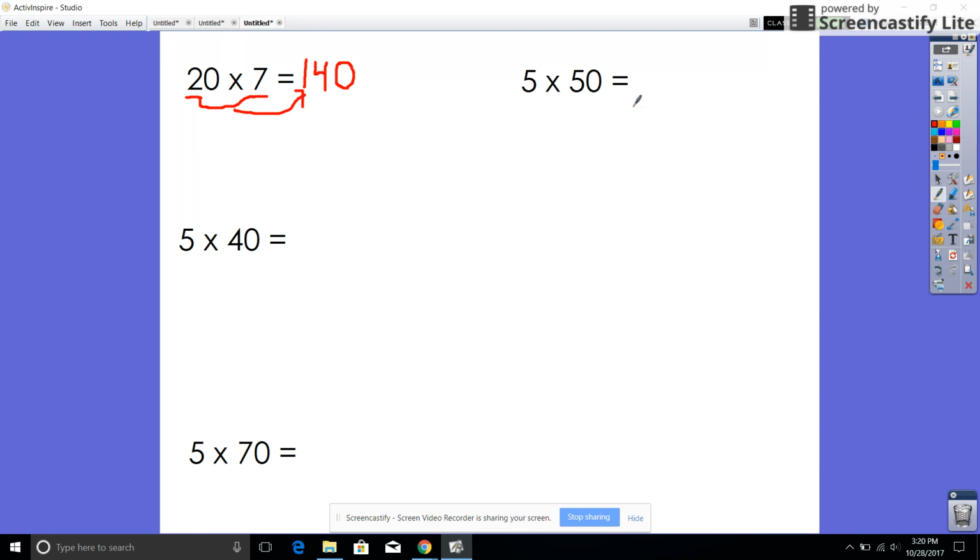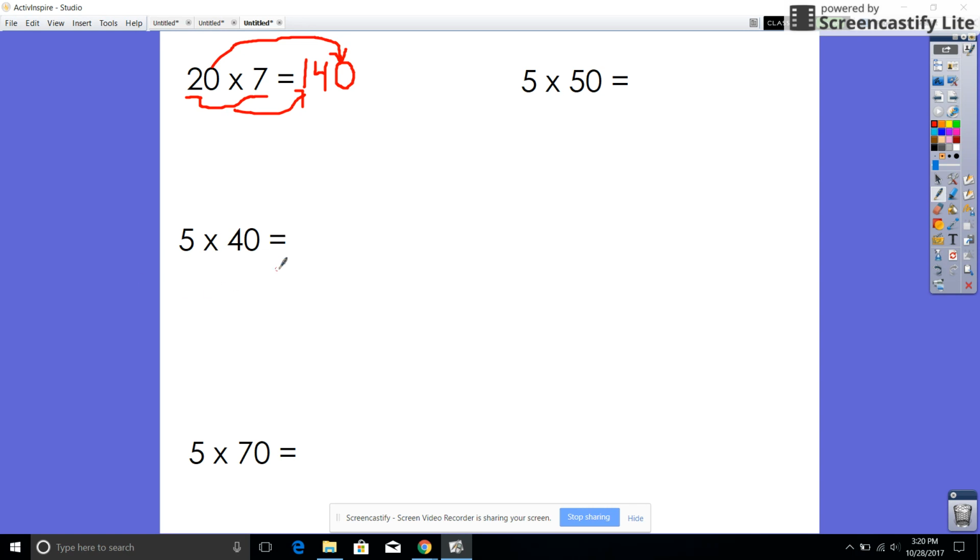Then we took that 0 and we brought that over and put it here at the end of the problem. What that was doing was saying, okay, we know 2 times 7 multiplies together to get 14. Then we're going to do 14 times 10. That gives me 140. So bringing the 0 over meant that you were multiplying by 10 in an easy way.